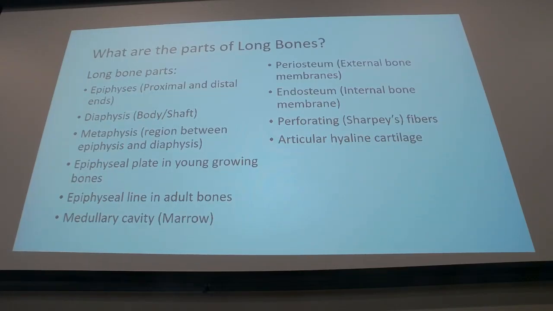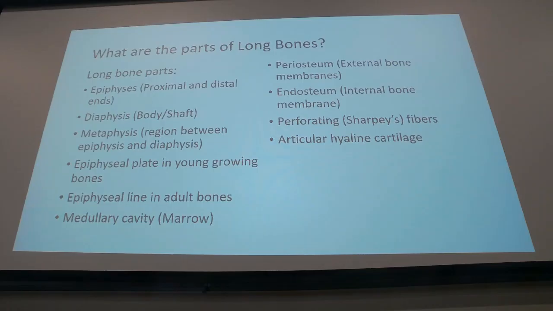For the parts of a long bone, long bones have endings that we call epiphyses. We have two ends, one that is closer to the point of attachment, which will be the proximal epiphysis, and one that is away from the point of attachment, which will be the distal epiphysis.